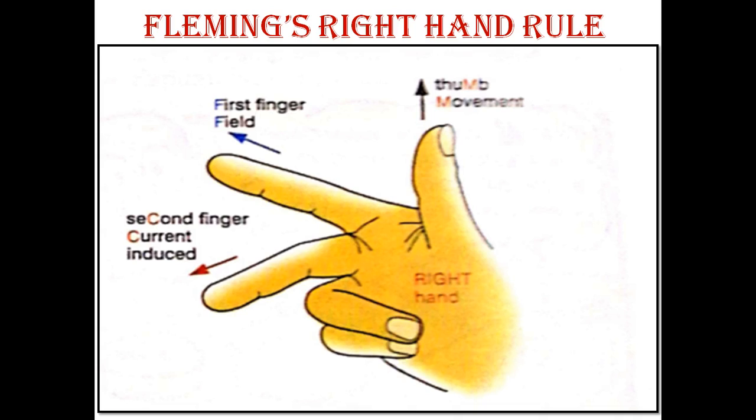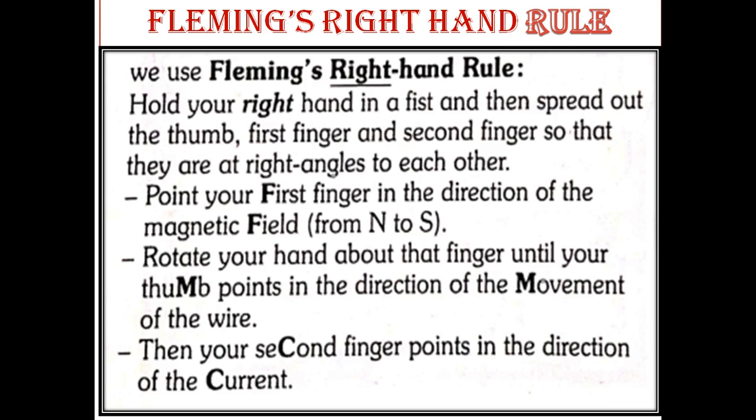Fleming's right hand rule is used to remember the direction of the induced current. How the current is being induced can be known by using this rule.